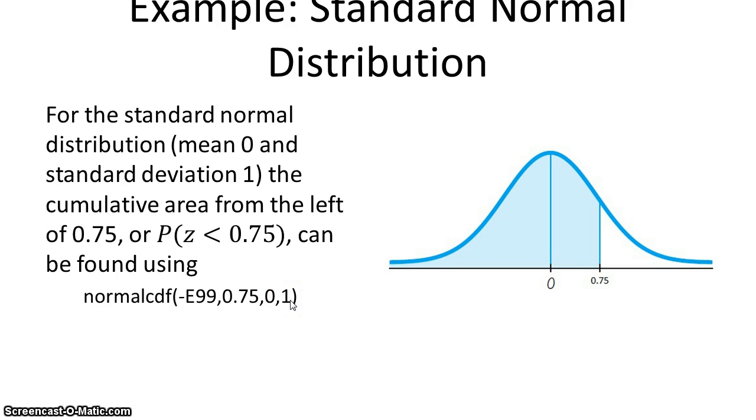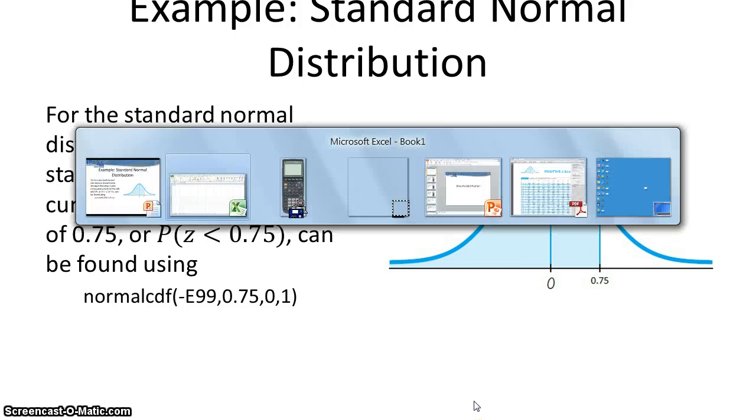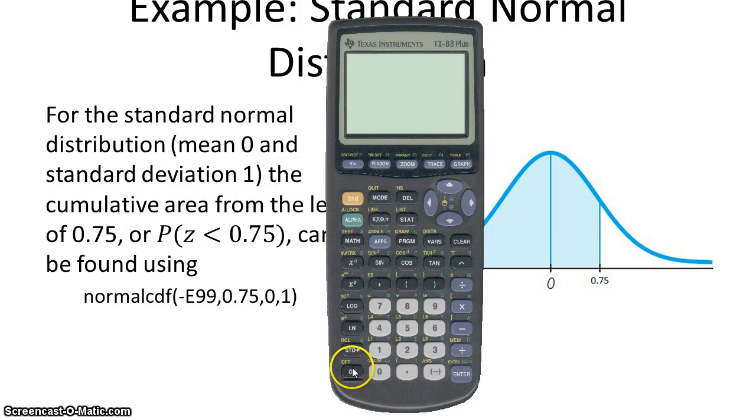Now, you'll notice that if we're specifying the mean and standard deviation, we could use this normal CDF for any normal distribution given its mean and standard deviation, not necessarily 0 and 1. But I'm doing it for this example just to verify, using table 8.2, that we get the same thing. So, breaking out our calculator again, I go to distributions using second vars.